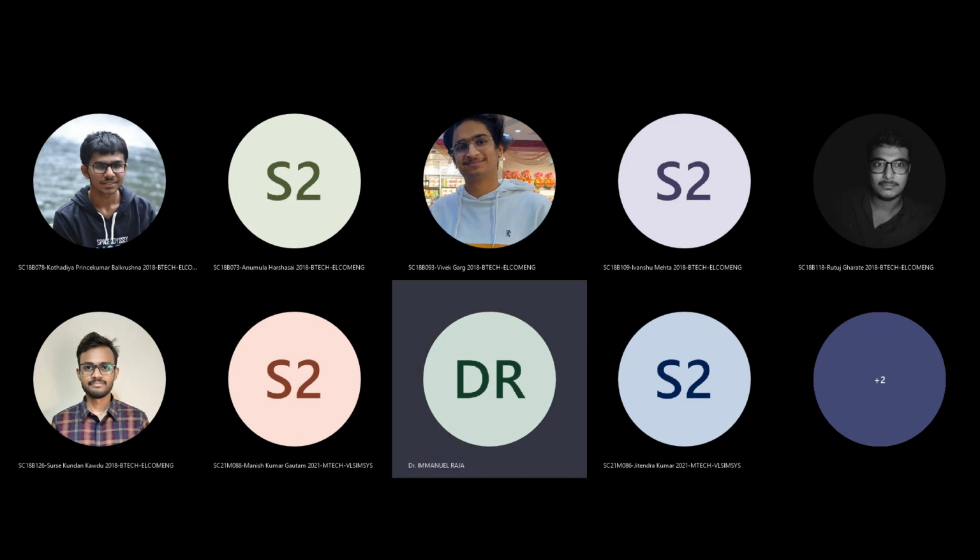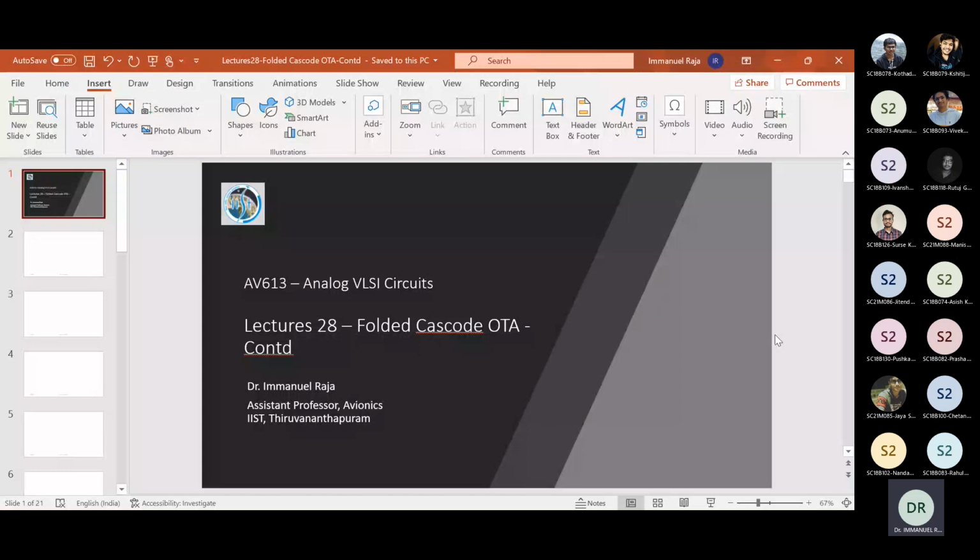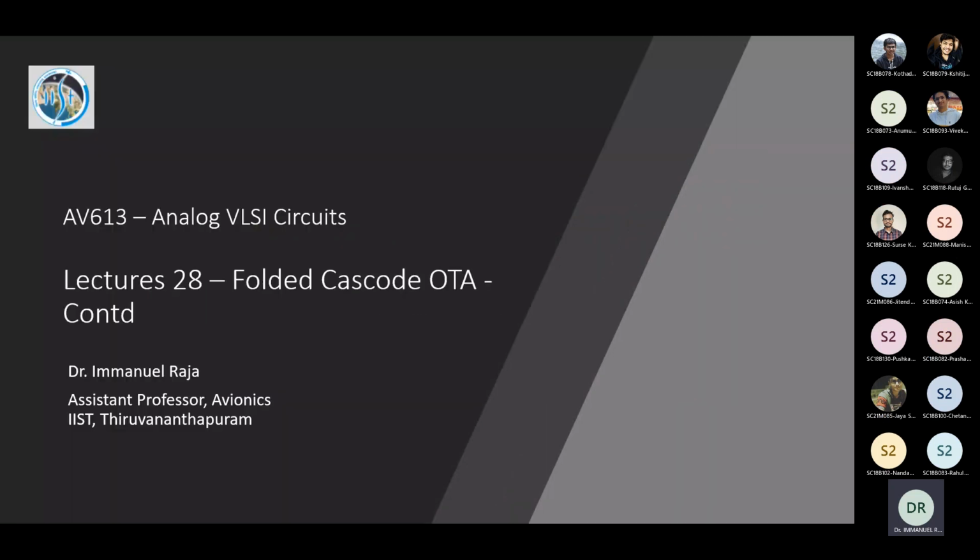In the last class, we were looking at the folded cascode op-amp, and we'll continue that. This folded cascode op-amp, if we recall, was to find a solution to the problem of limited voltage swings and the limited input common mode range that was present in the telescopic cascode.